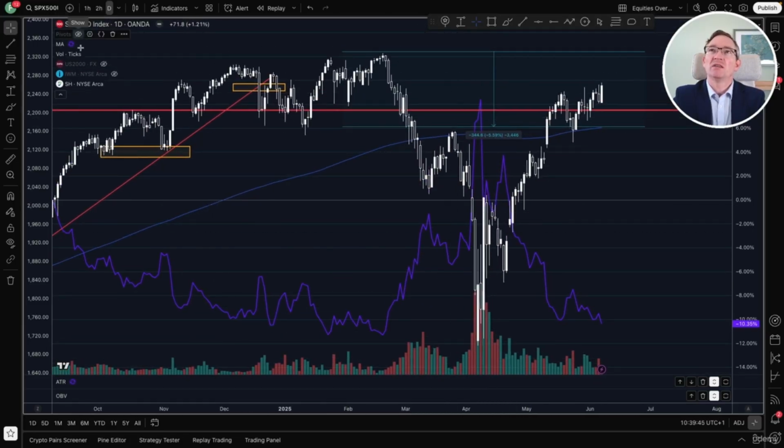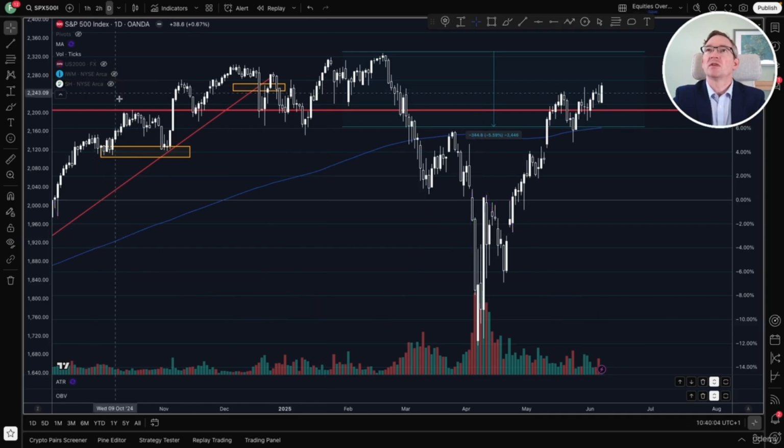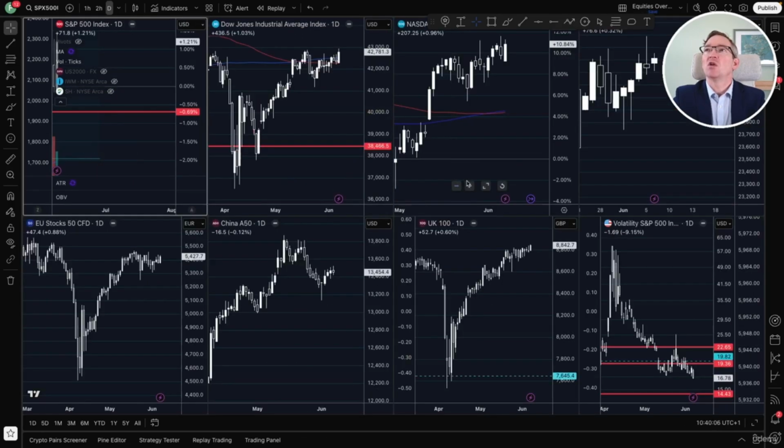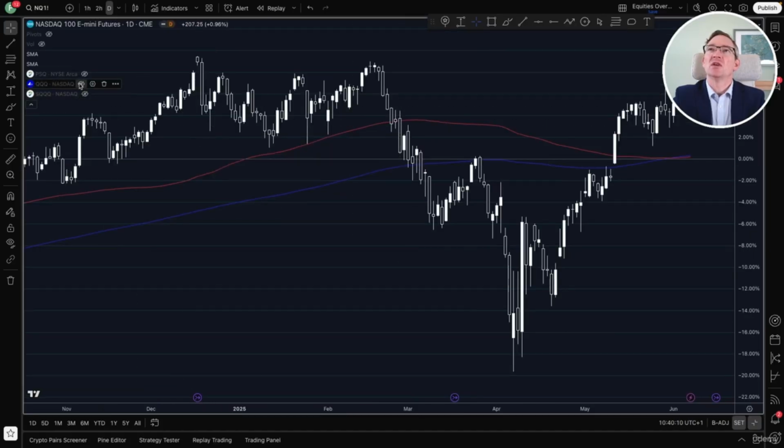Say there's a very short-term risk you want to hedge against. If you buy a short-term ETF that's the inverse of the S&P 500, you can hedge some of the risk. For instance, say you were long the NASDAQ and you're concerned that there may be a big risk event coming up, and you just want to hedge yourself against that risk.